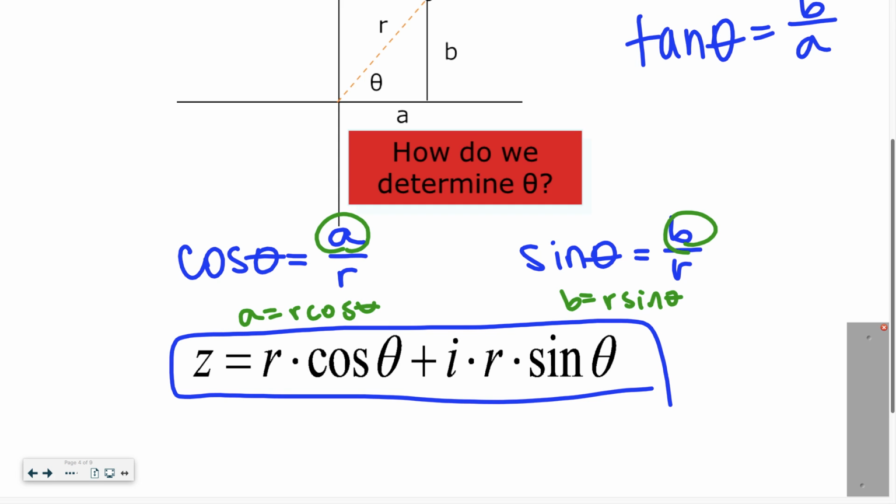Yes, the i is coming before the r sine theta, just so that i doesn't get scrunched inside of the angle when you write it in trigonometric form. But when it is in standard form, a plus bi, that number would come before i. In trigonometric form, the i would come before the breakdown of b.